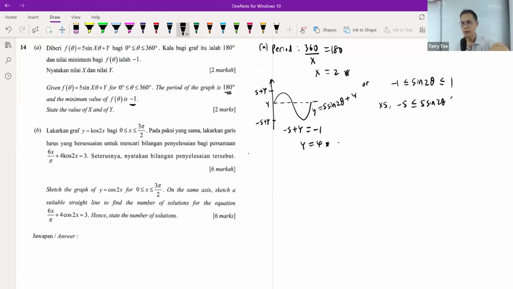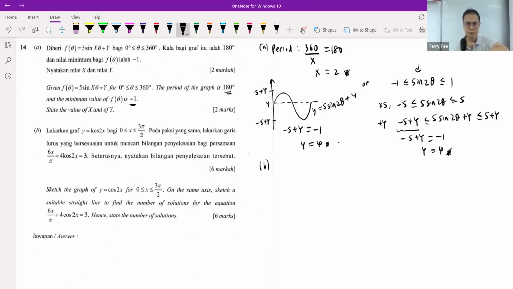Then you add y, so 2 theta plus y is between -5 plus y and 5 plus y. Because we are only interested in the minimum, -5 plus y is now -1, y is still 4. So you can sketch a graph if you want, or you can use the inequality for the range of values, also okay.